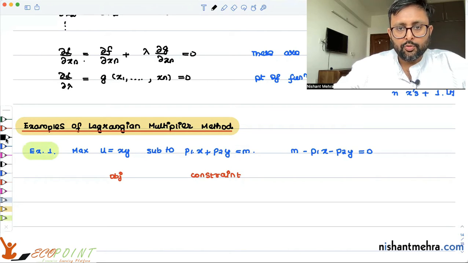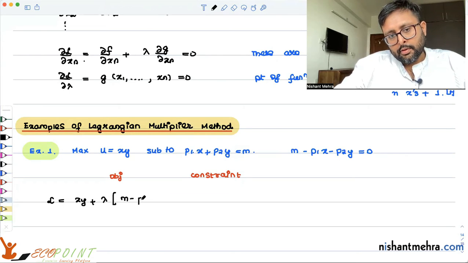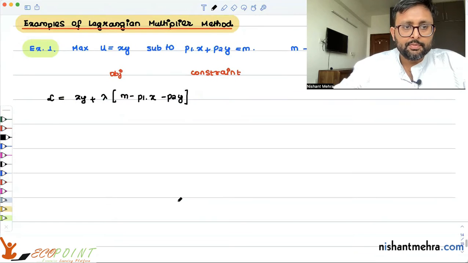So I'll set up the Lagrangian: my objective xy plus lambda times m minus p1x minus p2y.